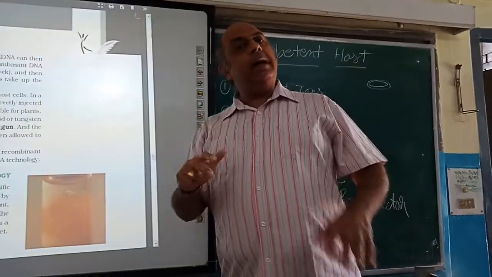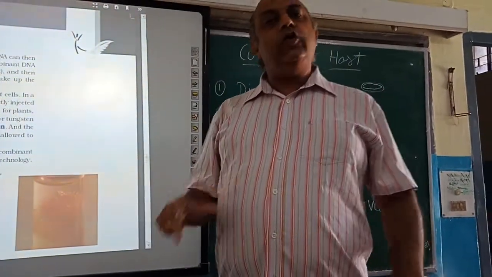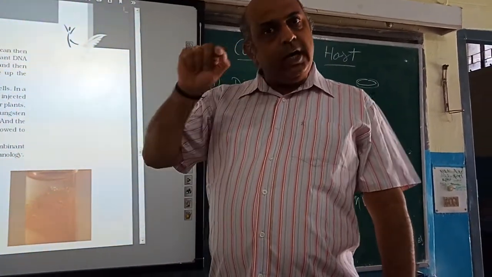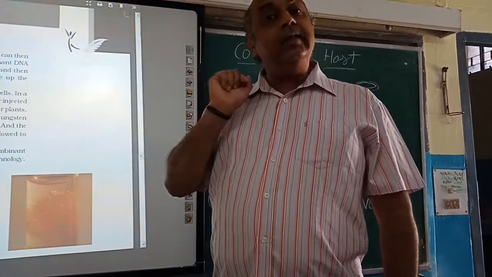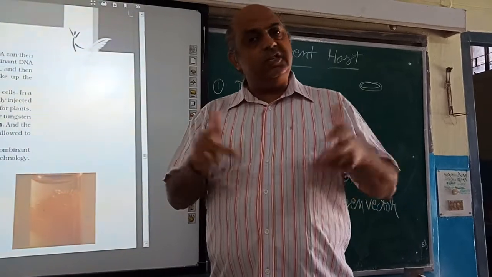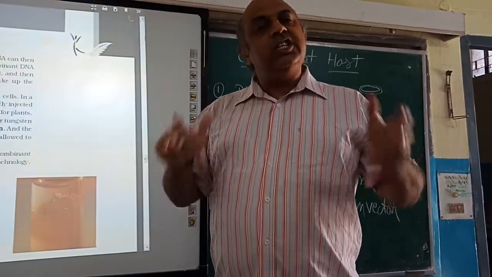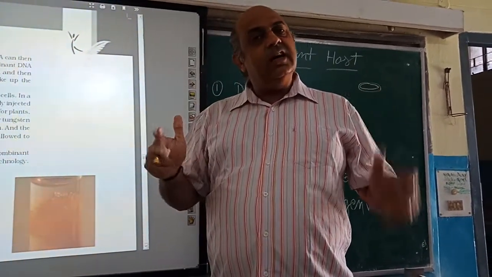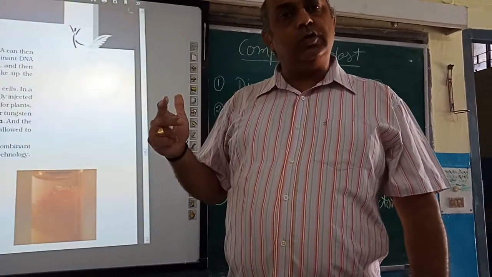Students, in my previous lecture, I told you about Agrobacterium tumefaciens and the retroviruses. Agrobacterium tumefaciens is a bacterium which causes crown gall disease in dicots.